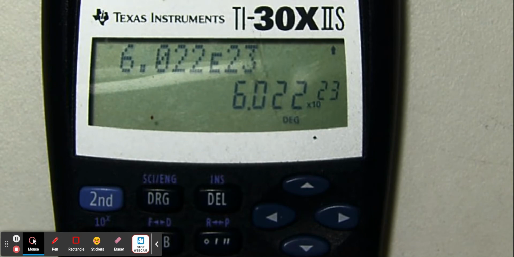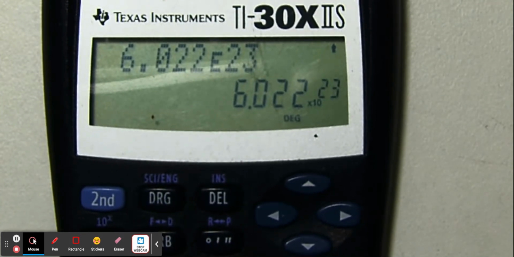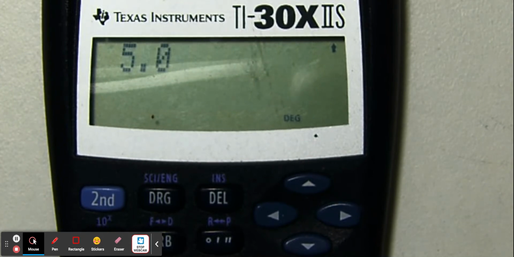If I want to do 5.05 times 10 to the negative 2, then I could do that, right? So let's do 5.05 on my calculator. So I just hit the buttons, 5.05.